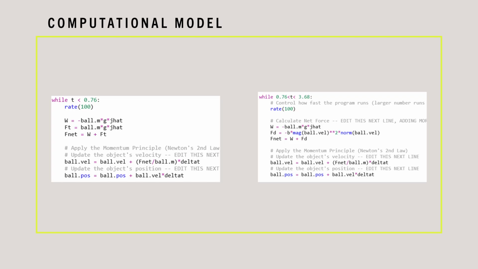And F net is going to be the tension force plus the gravitational force. And then while the time was from 0.76 seconds to 3.68 seconds, we still have the gravitational force, the velocity update, and the position update as well. And then we also have the force of drag.